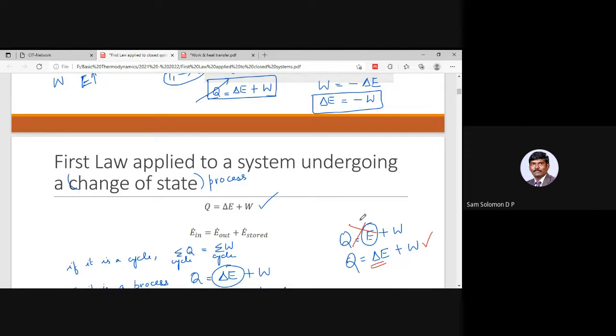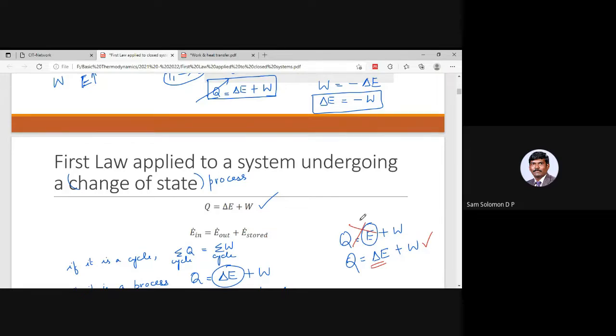And inside that nucleus, you have neutrons and protons. And if you are able to break that nucleus, what do you get? You get a large amount of energy. So what does that tell you? Any substance, anything that you have has got some amount of inherent energy inside it. And we call that internal energy.